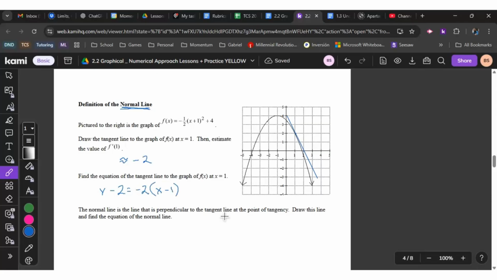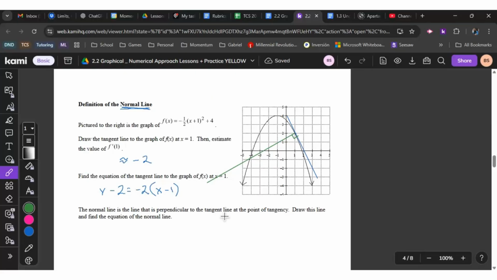Perpendicular to the tangent line. There you go. Exactly. So our normal line means that we're going to go perpendicular to it. So it should be like that. So this is 90 degrees. Okay, draw this line and find the equation of the normal line.